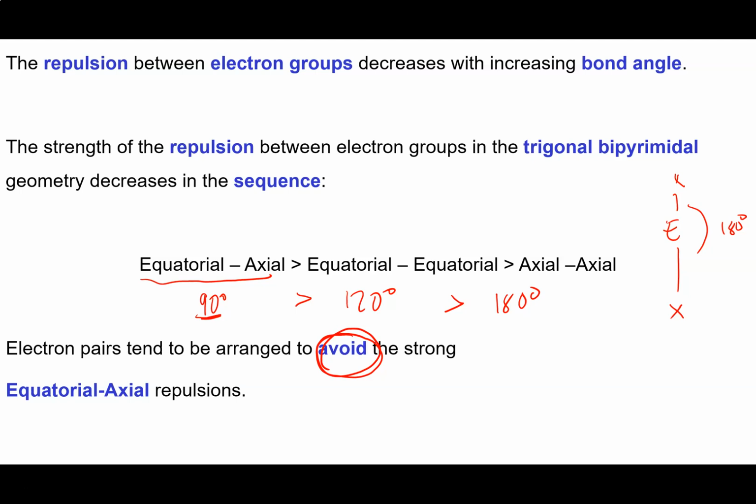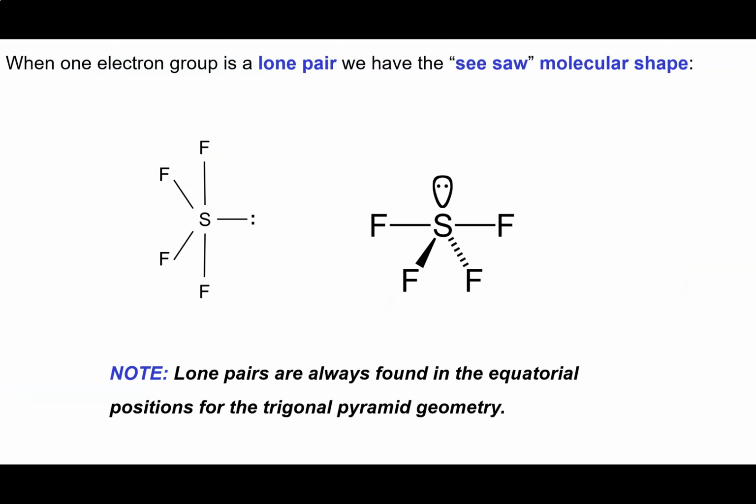Okay, so what does that mean for us? Well, it's pretty simple: when we add electron groups that are lone pairs, they always go into the equatorial position. So that's pretty much how this manifests.